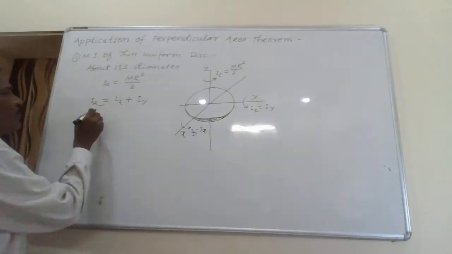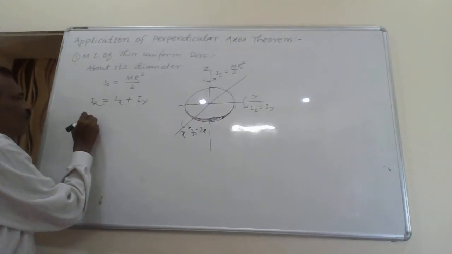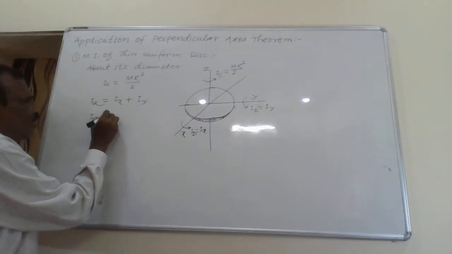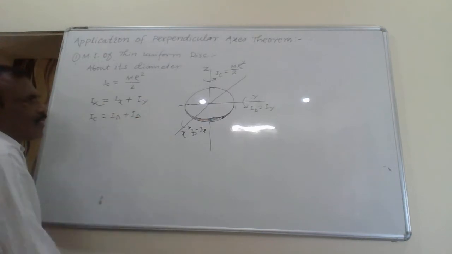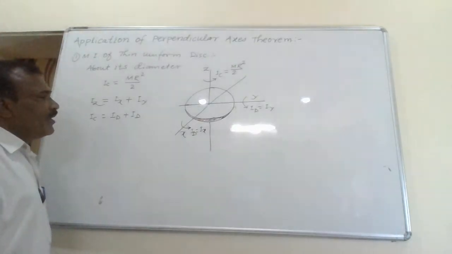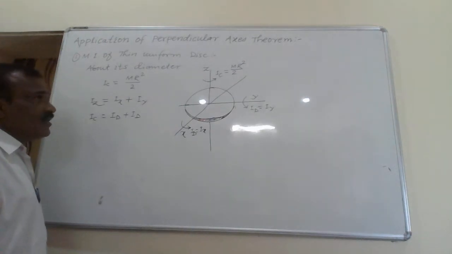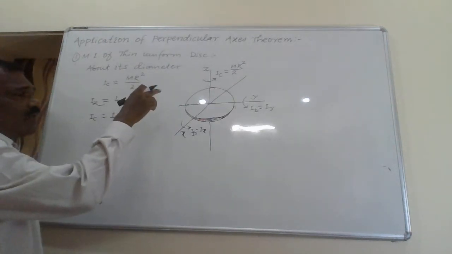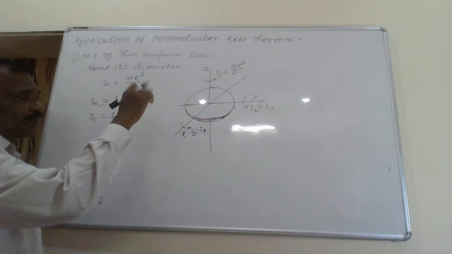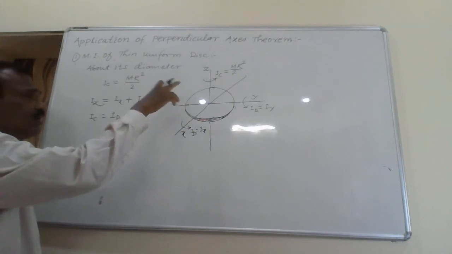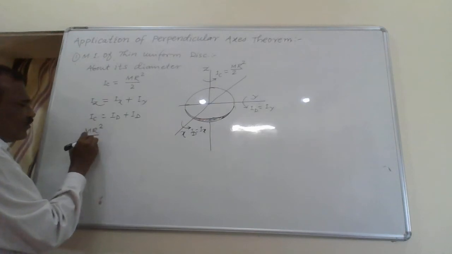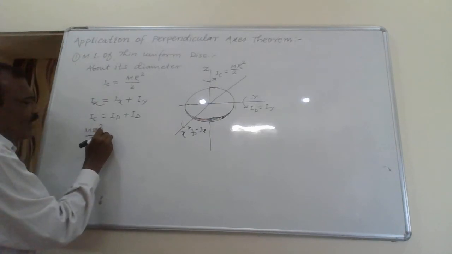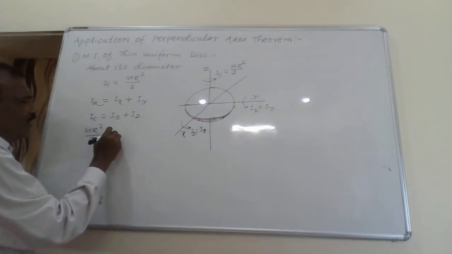Now putting the values here, IC is equal to ID plus ID. But you know that the moment of inertia of the disk about an axis passing through its center and perpendicular to the plane is MR square by 2. So putting in MR square by 2, it is equal to ID plus ID, meaning twice ID.